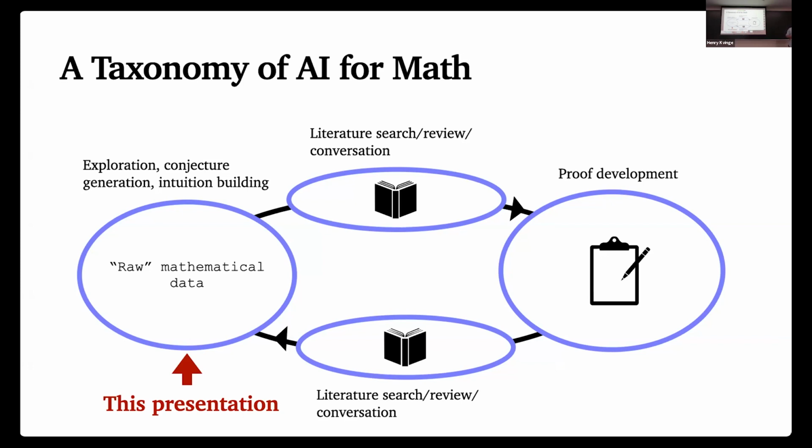I think one way that you could represent this is a cycle between maybe you talking to someone, or reading papers, and you come up with a question. You might initially have very little intuition about what the answer might be, or what even the right question to ask is, and so maybe you'll go and do a bunch of examples, or look at a bunch of data, play around with pencil and paper, and try to develop some intuition.